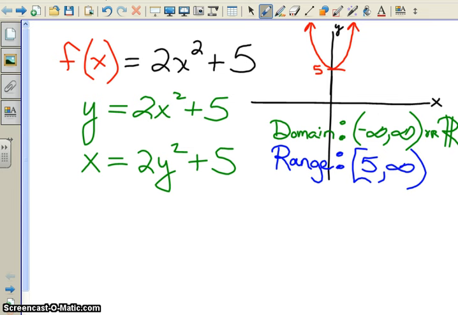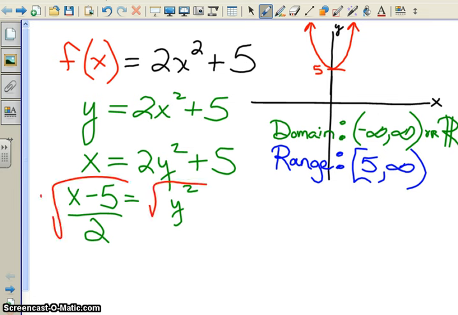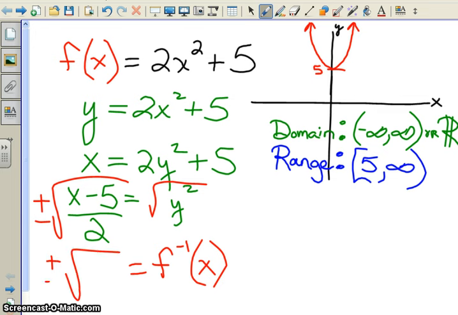So to solve for y, I'm going to have to subtract 5, divide by 2, and then to get rid of the square, I will square root both sides with a plus or minus in the front. So my inverse of f of x, written as f negative 1 of x, is equal to plus or minus the square root of x minus 5 over 2.